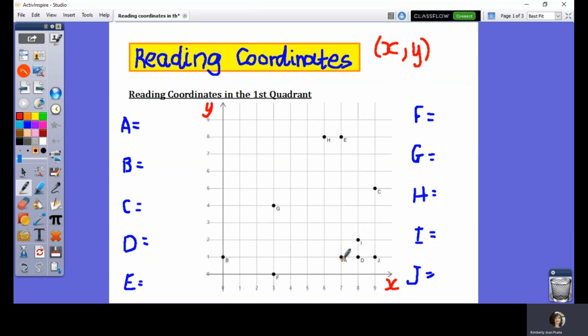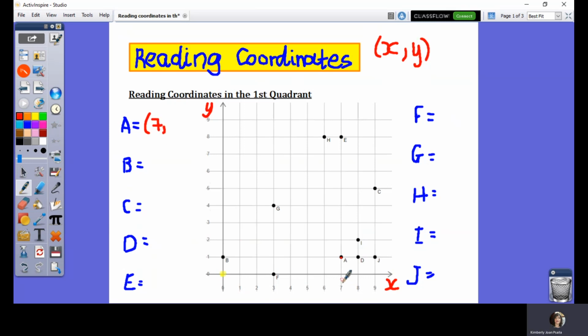So first we have A, and A is here. First, you have to read the position of A from the x-axis. You always need to start from the 0 point. Move with your finger from the zero, and here you have the position 7. So the x value here is 7, and that is my first number.